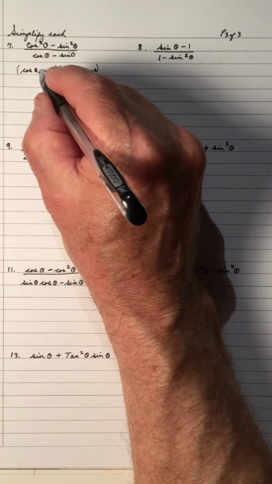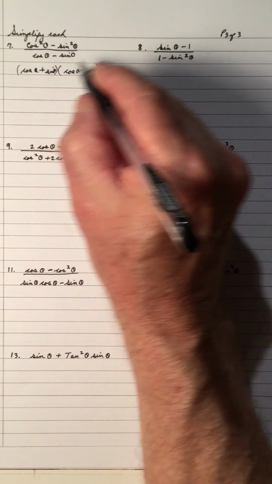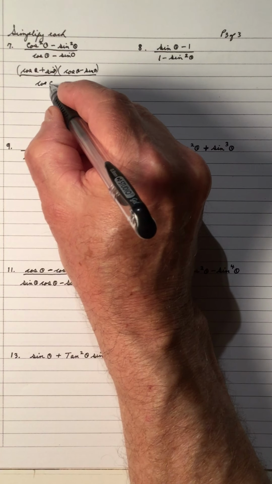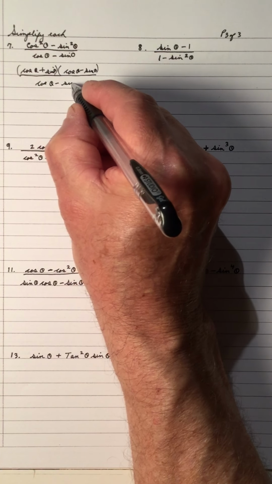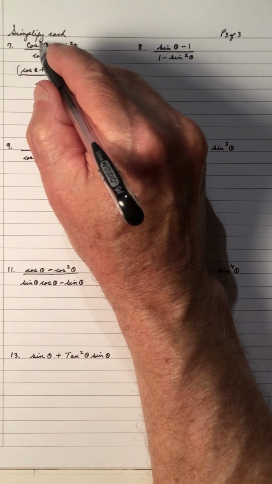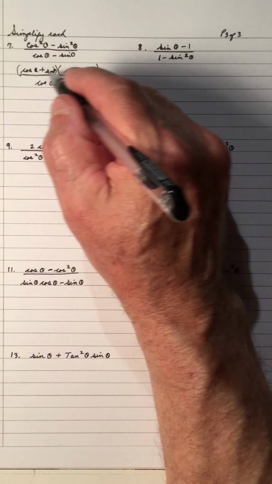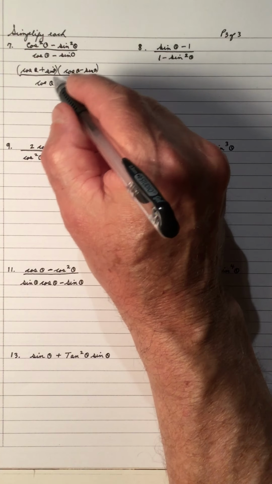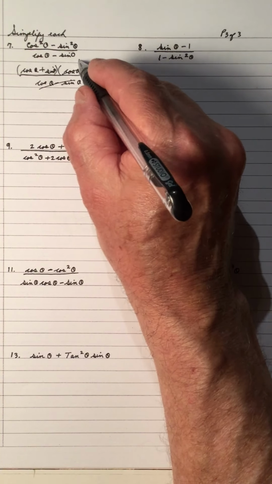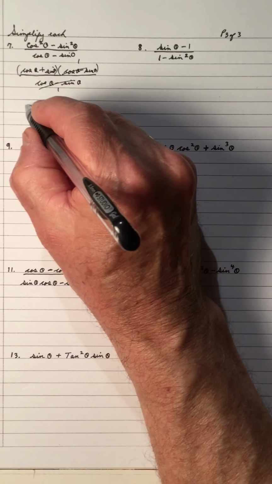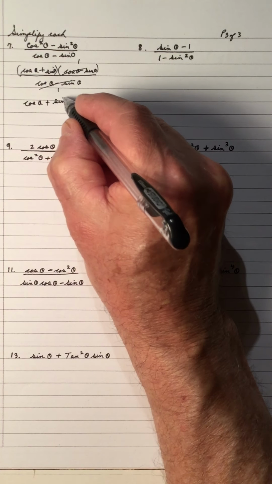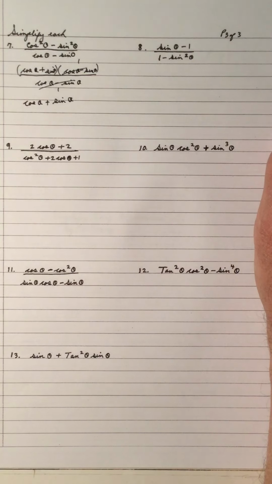And it's a difference, so it's a plus and a minus, all over cos theta minus sine theta. So this is the difference of two squares that I factored. And notice cos minus sine is a factor. So I can cancel these two out, and I get cos theta plus sine theta.